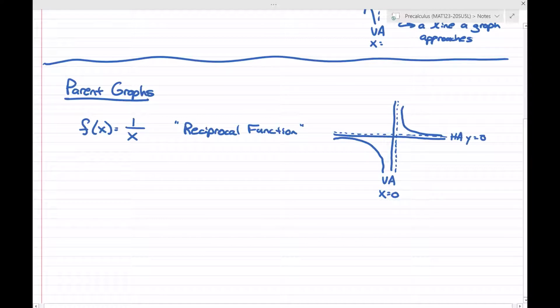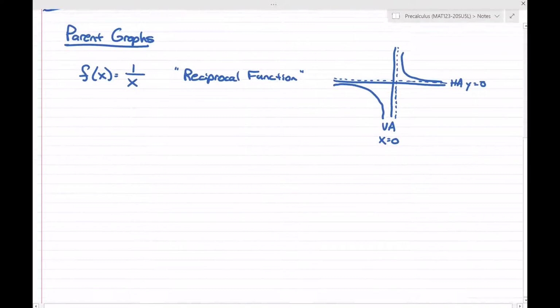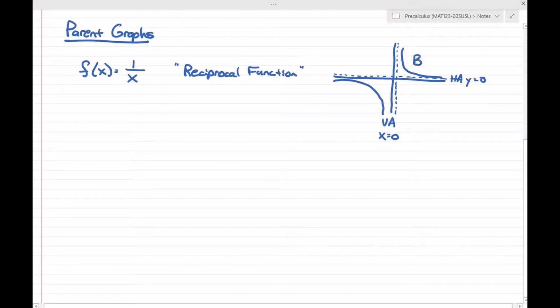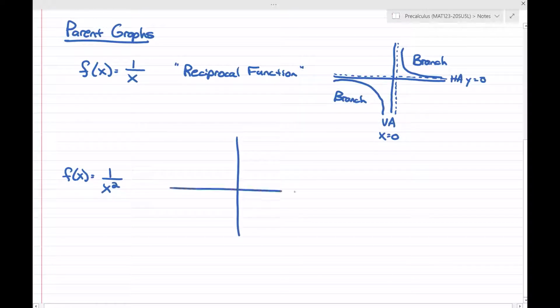And in general, this graph we're in the lower left and upper right. And you could see that if you plug in different positive x values, the whole fraction would be positive. Negative x values would give you negative y values. And of course, we have a branch here, and we have a branch here. What if we had this? f of x is equal to 1 over x squared. This doesn't have a name per se, but we still have a vertical asymptote along the y-axis.